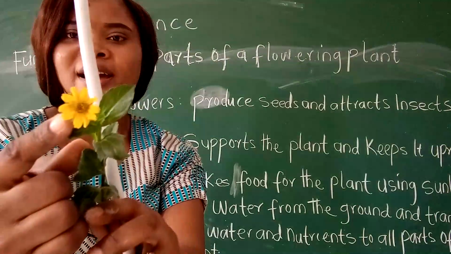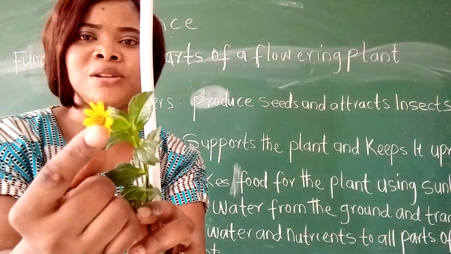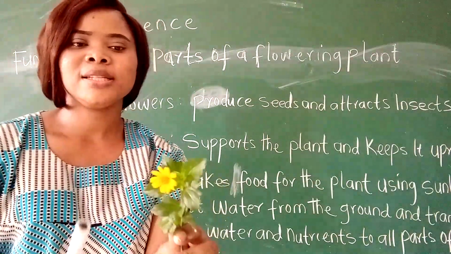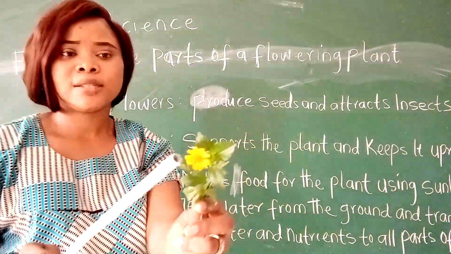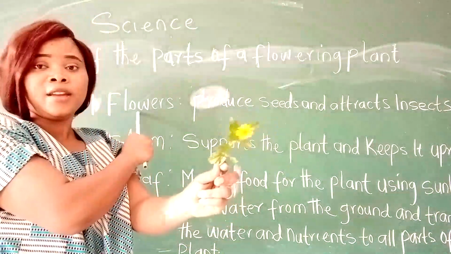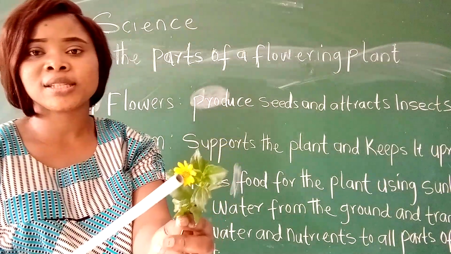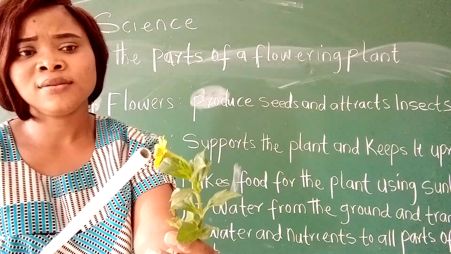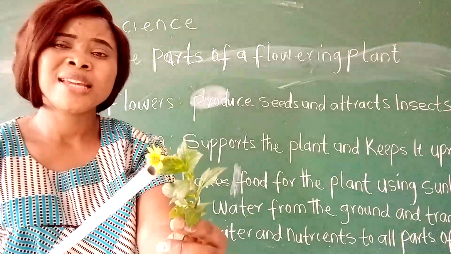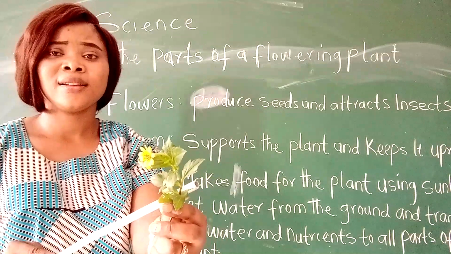You can see deep inside something growing up. This is the part we call the seed. If you look inside there, you see something that is brown and light gray. These are the seeds of this flower.